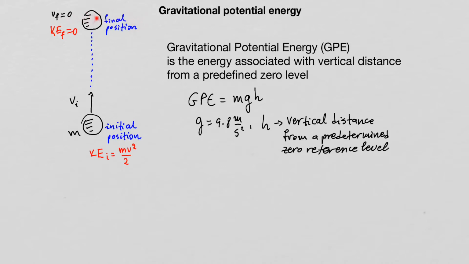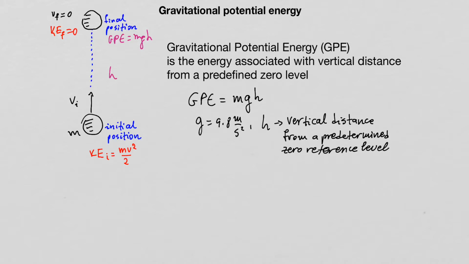At that height above the release point, the ball contains gravitational potential energy, which is equal to mgh, and that gravitational potential energy is not zero, but at the release point it is zero, just because I decided that this will be my zero reference level. For our purposes in this course, the zero reference level will usually be the ground.